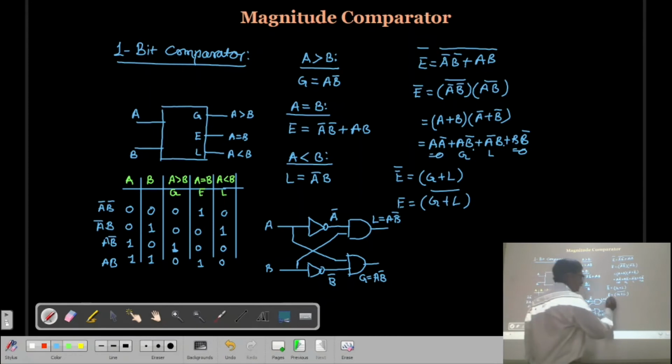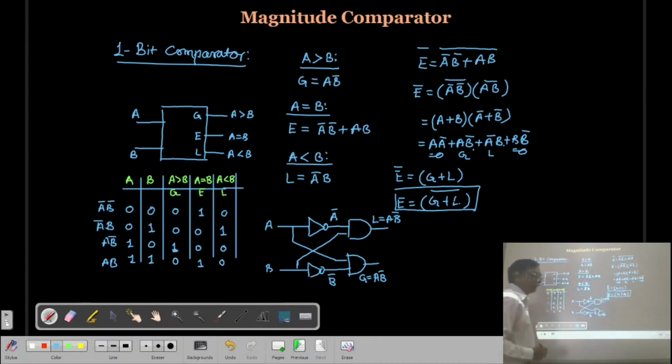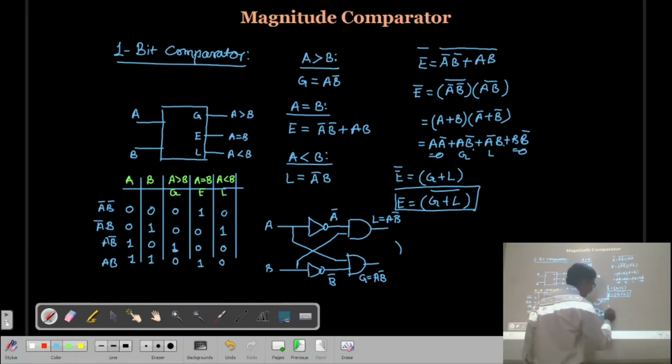Then what is the equality? Equality is given by this expression, G plus L whole bar. That means we have to use a NOR gate. So consider this NOR gate, where these inputs are there, and this will give you the equality.